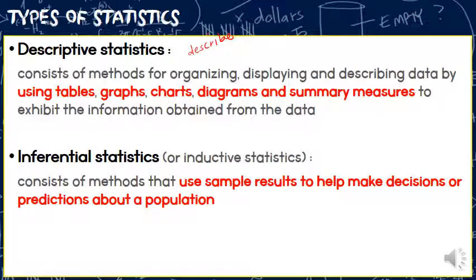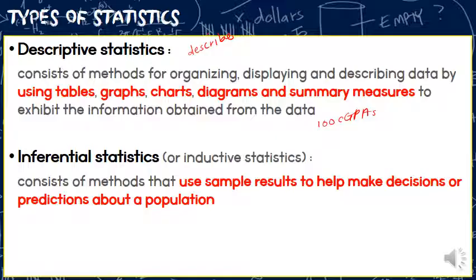Contoh, okay, you have 100 CGPA. Okay, you interview 100 students. You tanya mereka, what is your CGPA? Daripada 100 CGPA yang you dapat tu, okay, contoh CGPA ni adalah untuk student part 3, kelas A dan B contohnya.